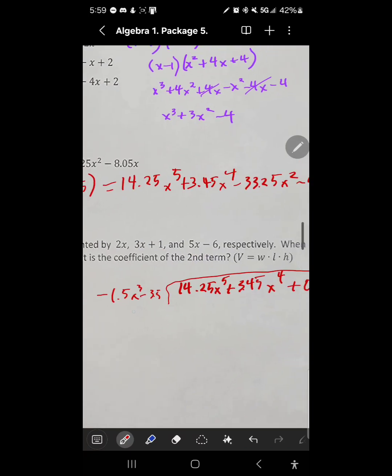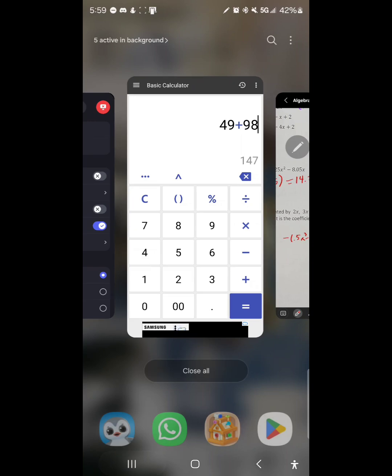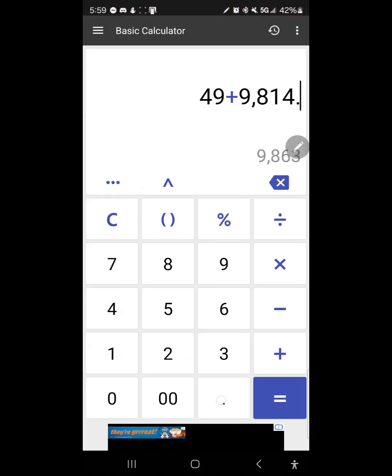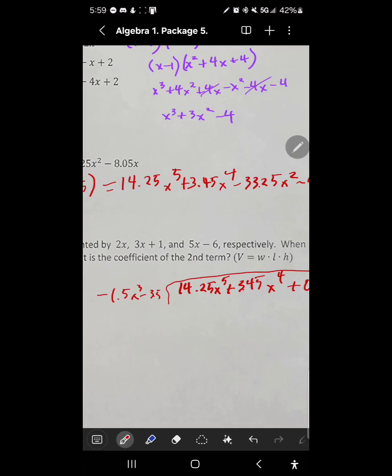Now, what number do I multiply? First I need to start dividing by the numbers. So 14.25 divided by negative 1.5 is negative 9.5.